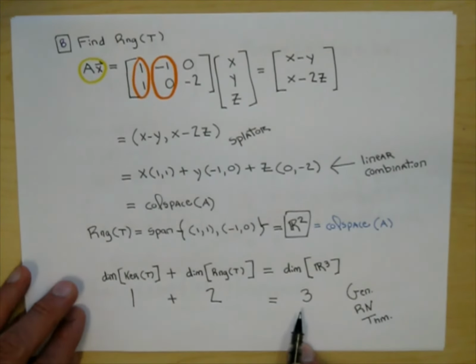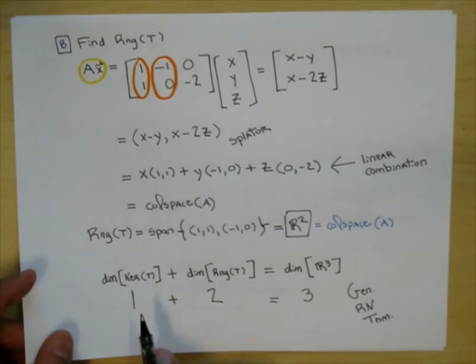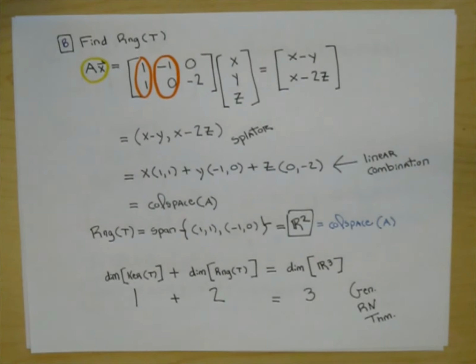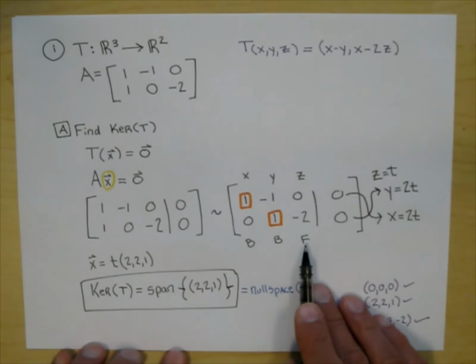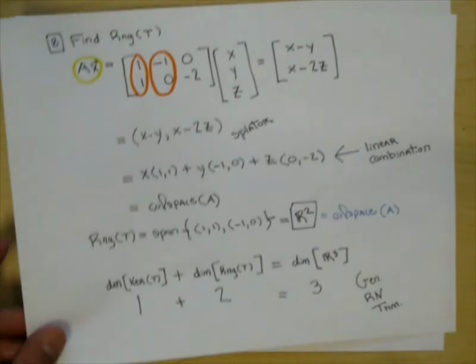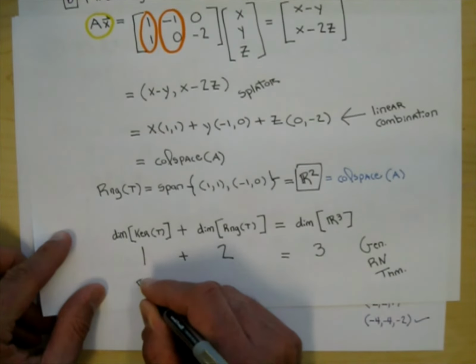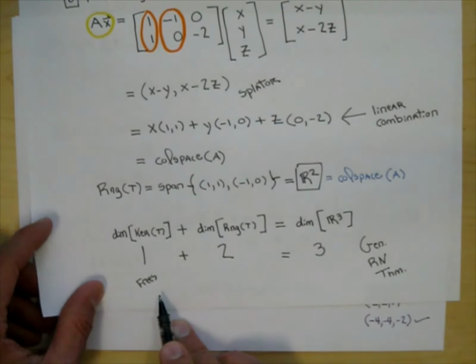But let's dig into this a little more. 1 was the dimension of the kernel. The dimension of the kernel was how many free variables you have when you were looking for the null space. So this is really still frees.